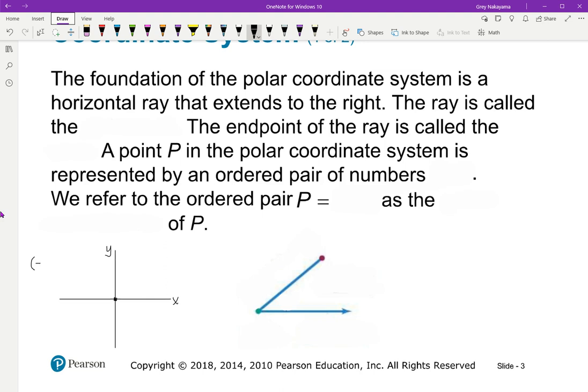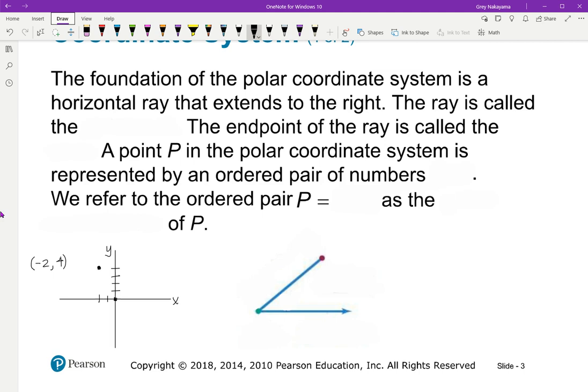So if I had the point -2, 4, then from the origin you would go left 2 and then up 4 and plot that point. That's what you've done in the past.